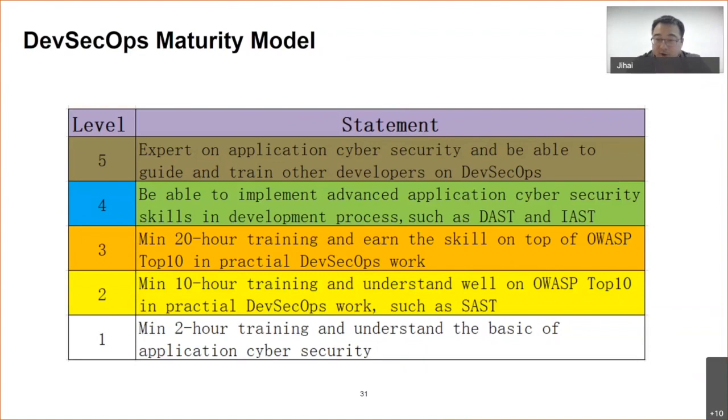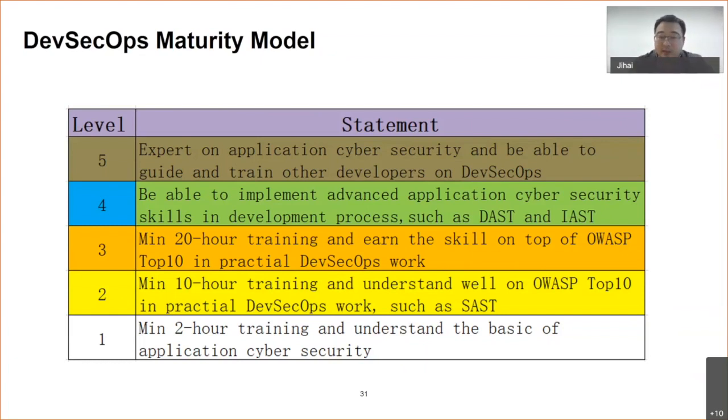For example, whether the team or cybersecurity expert spends more time on training, whether they can use the tools very well to find vulnerabilities, or whether they can reduce vulnerabilities very quickly. We can use different parameters to assess the team and the cybersecurity expert, to see how strong they are on DevSecOps.